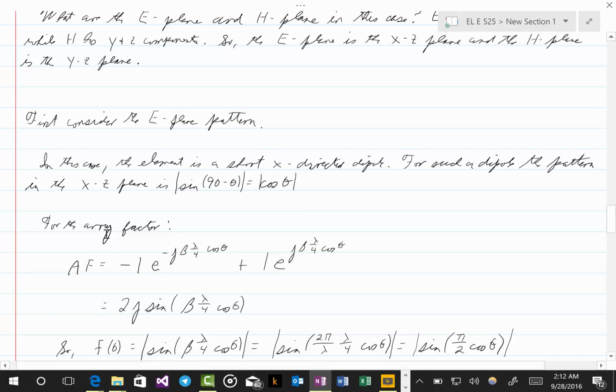Now, what about the array factor? Well, we get the array factor just as we did before, but we need to be careful now because we need to remember that the amplitude at negative lambda over 4 is negative 1, while the amplitude at positive lambda over 4 is positive 1. So we have minus e to the minus j beta lambda over 4 cosine theta plus 1 e to the positive j beta lambda over 4 cosine theta.